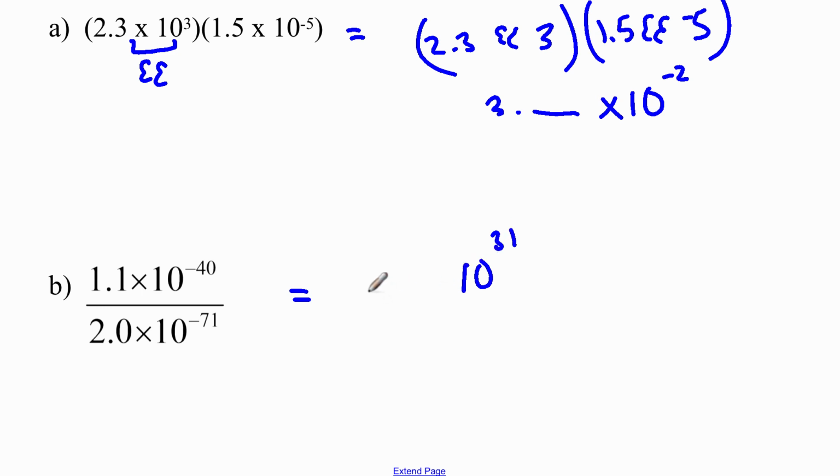So 1.1 would be about 0.6 or something, so I'd move it 1 to the right. So it'd be, I don't know, 6 times 10 to the, if I move that to the right, I think I have to take a 0 off that, so it'd be like 30. Something like that. But use your calculator and you can figure that out.